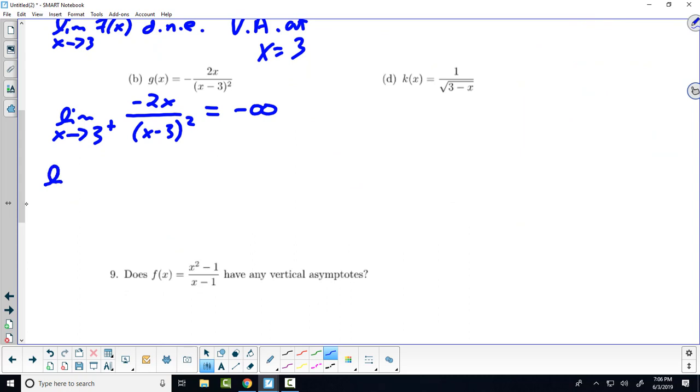All right, let's look at the limit as x approaches 3 from the left of minus 2x over x minus 3 quantity squared. What's this one? Take a minute and talk yourself through it. Go. Everyone work through it. Some of you are right, some of you are wrong.